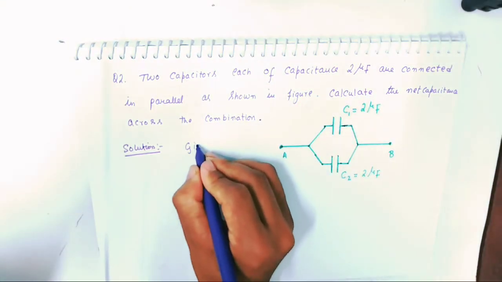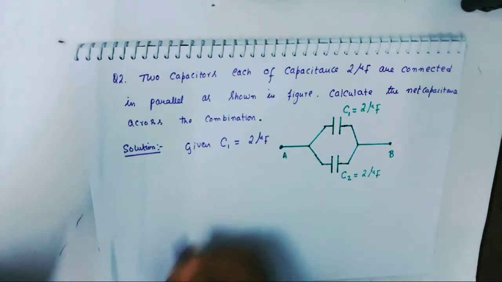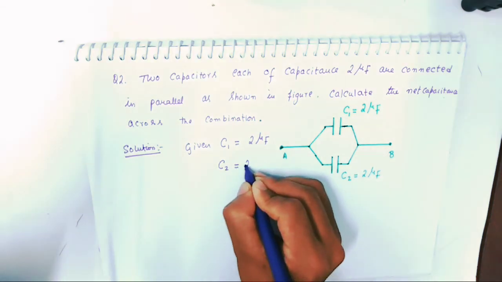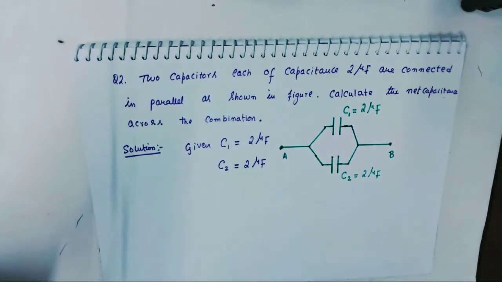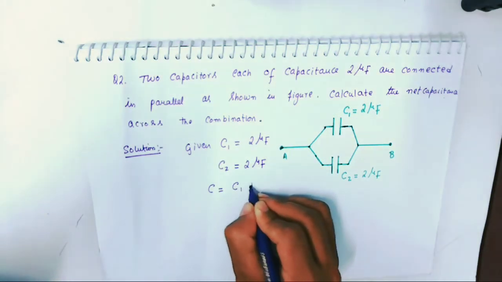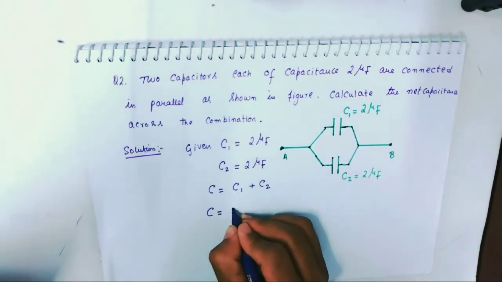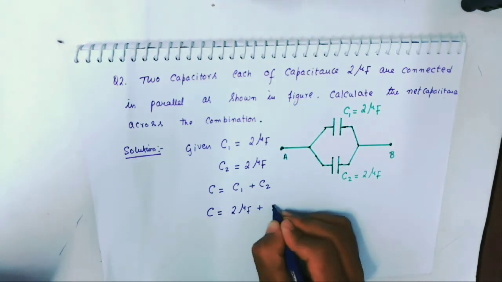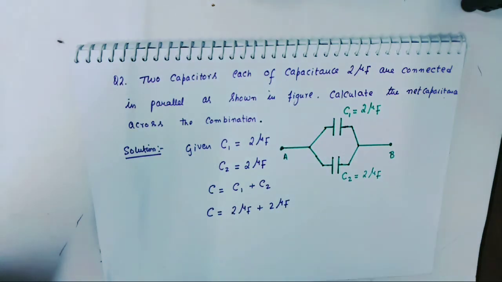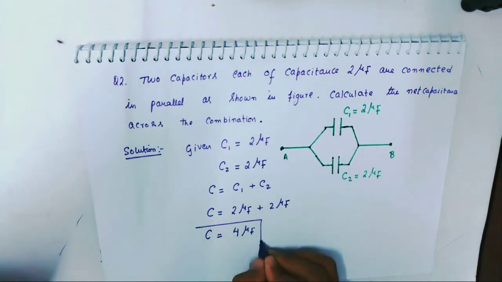So here given C1 equal 2 microfarad, C2 also 2 microfarad. So the net capacitance across this combination can be calculated by using this formula, C equal C1 plus C2. So this C equal 2 microfarad plus 2 microfarad, and this C is equal to 4 microfarad.